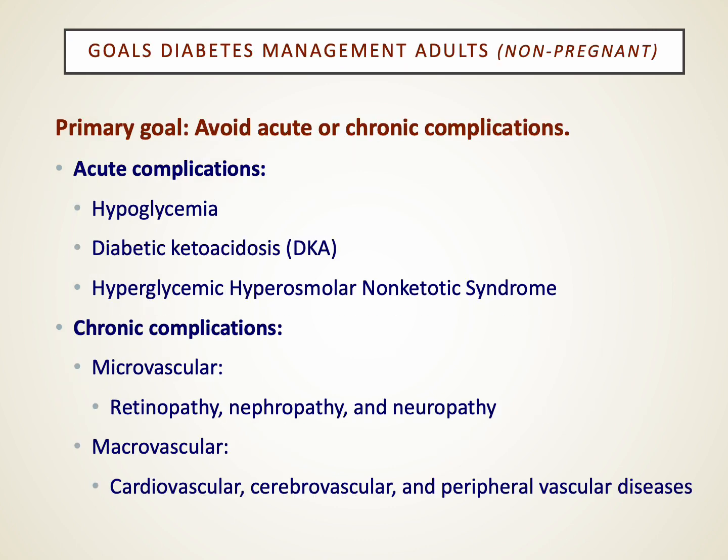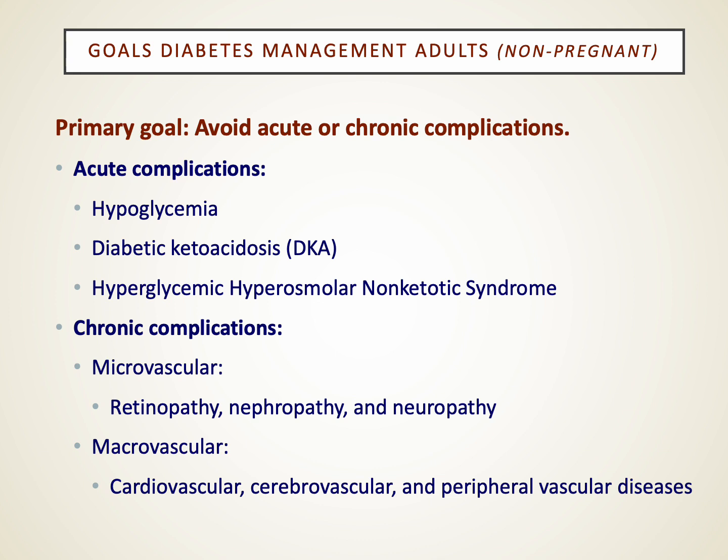Our goals in the management of patients with diabetes, classically, we are going to be looking at patients who are managed by managing their glycemic control. We're going to try to avoid hypoglycemia as well. We're going to try to avoid ketoacidosis and also other hyperosmotic states.